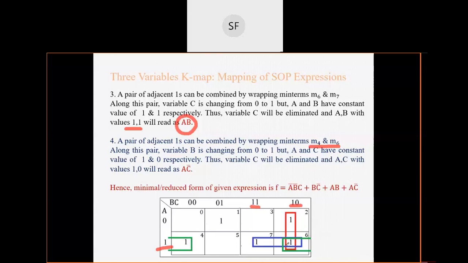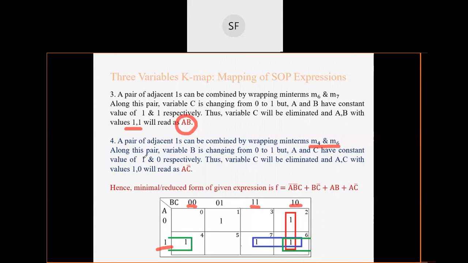Now when you combine m4 and m6, please tell me which variable is varying. Right, b is varying. You can observe here the code is 0 0, here the code is 1 0. So b is varying from 0 to 1, where c is fixed at 0 and a is fixed at 1.